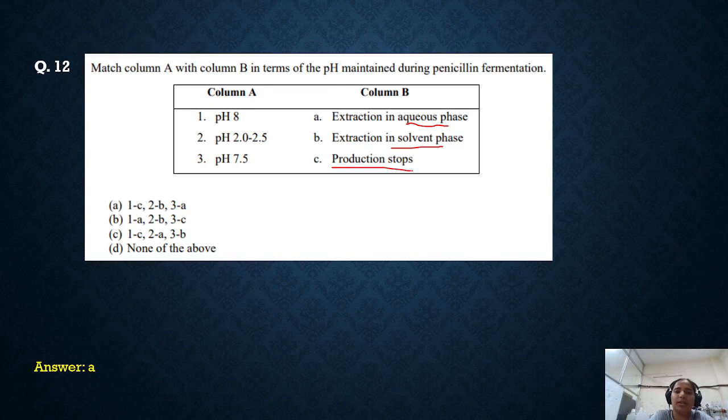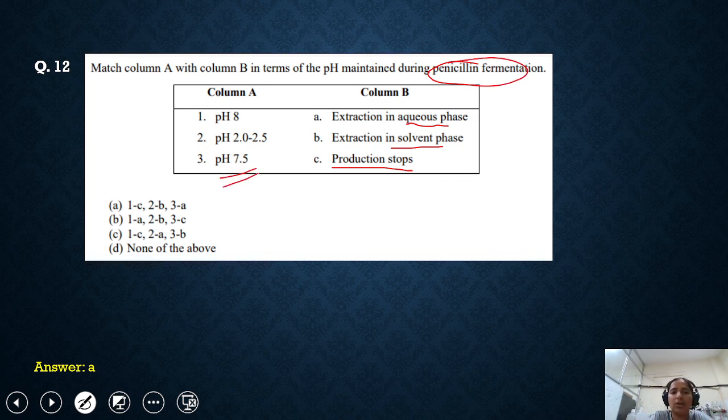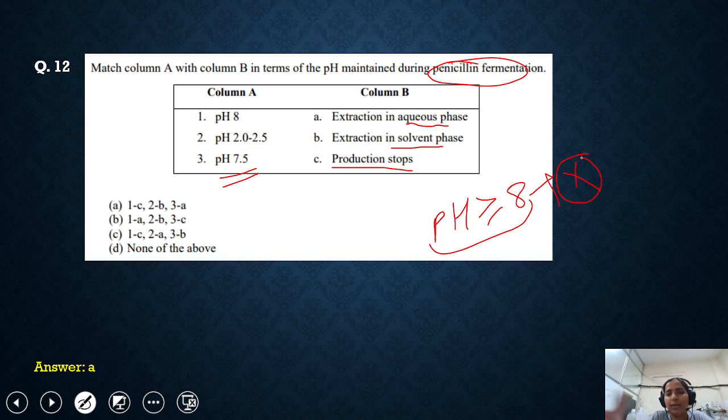So what happens in the penicillin fermentation, when you increase the pH beyond around 8, this penicillin production will stop, means it won't form at a very basic pH.